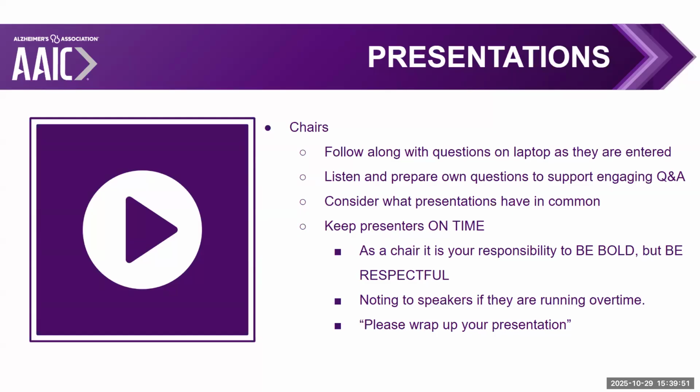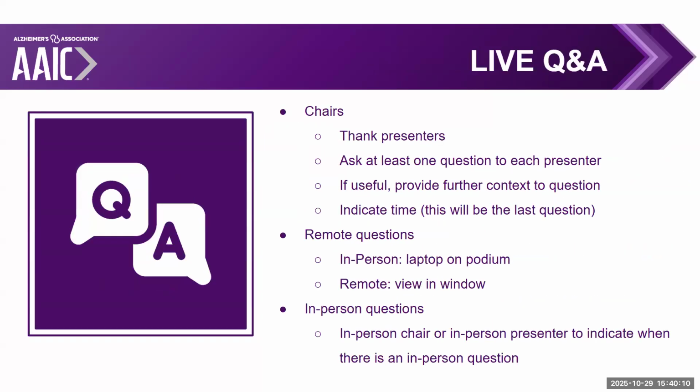Usually yellow is when they have about a minute or two up to the end of their presentation. Green is, you're well in the clear. But if their light goes red, which you will also be able to see, that means they have fully reached the end of their time. And so you really need to act boldly but respectfully as the chair to bring them to the end of their presentation.